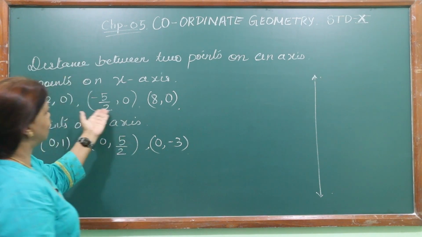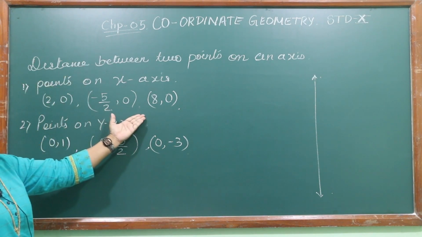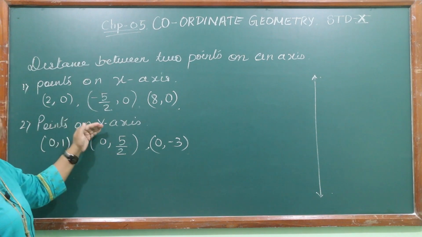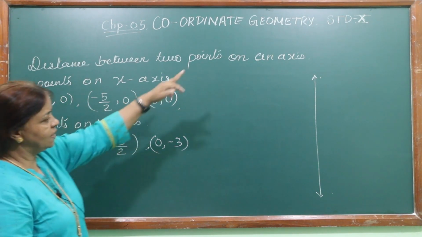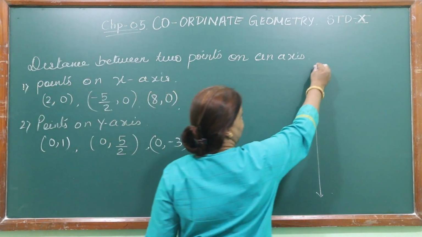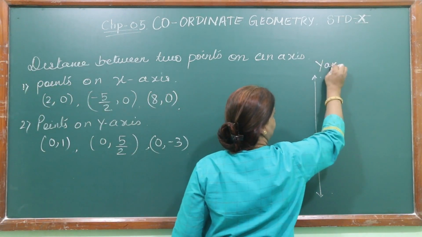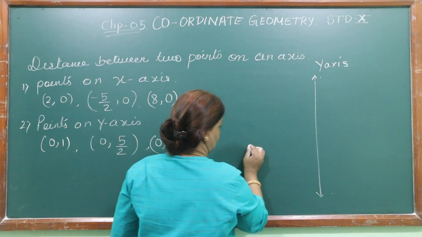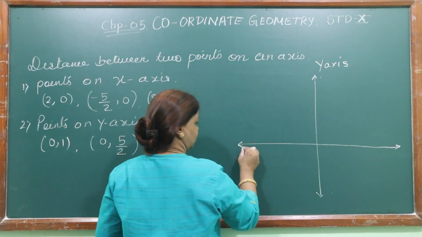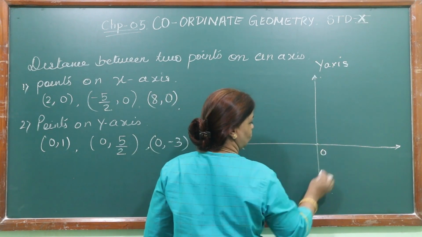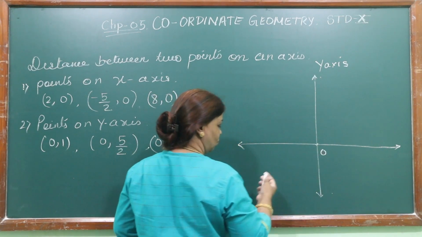First we will see some of the points which are written on the board. Where do they lie? You see here 2, 0. There is a line which is drawn. This line is for the y-axis. And I will draw here the x-axis, children. O, we can say 0.